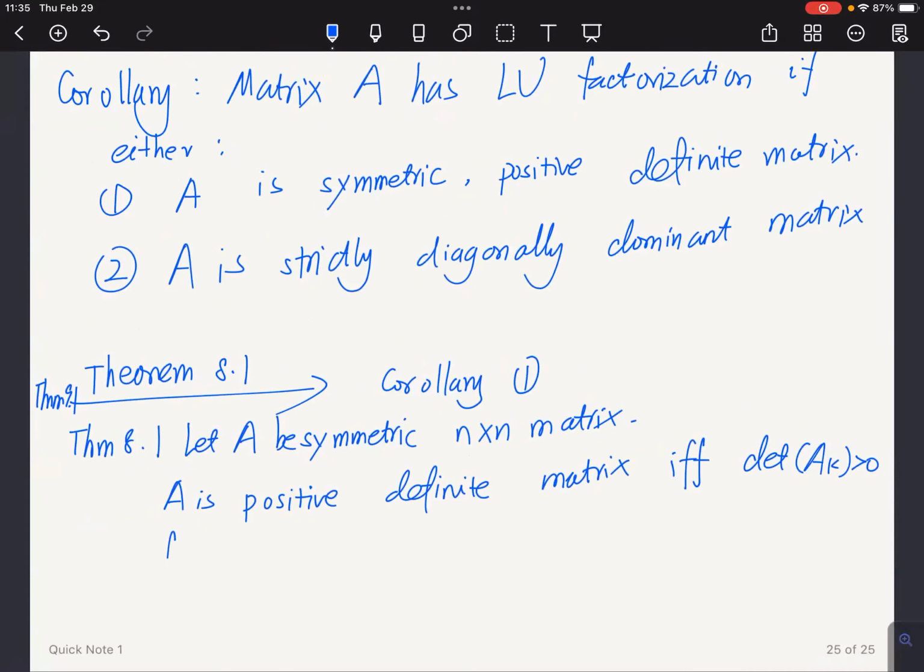It's positive for all the leading principal matrices. This is what theorem 8.1 tells us.